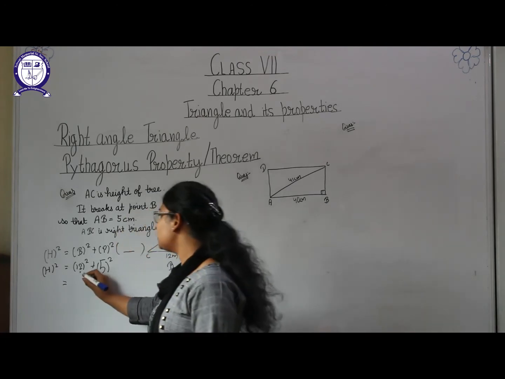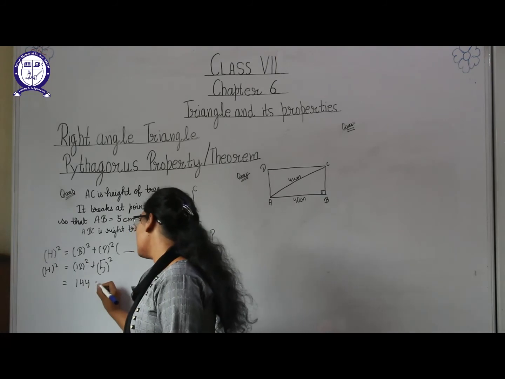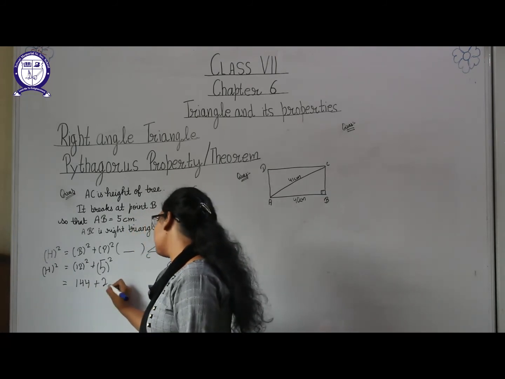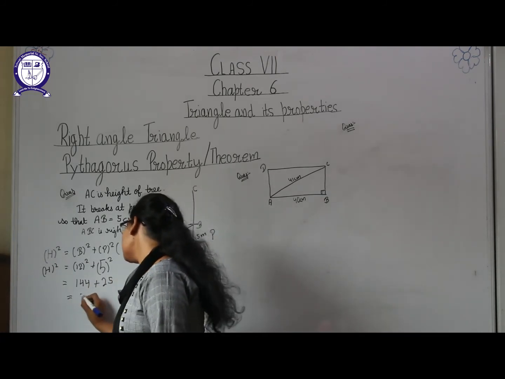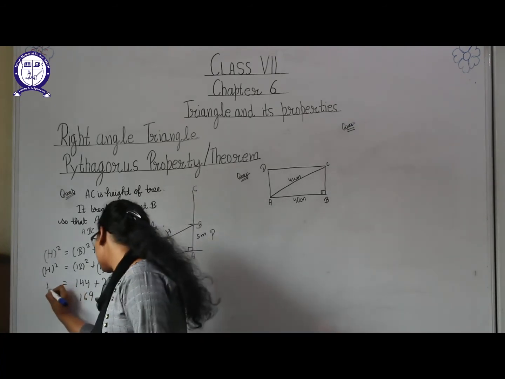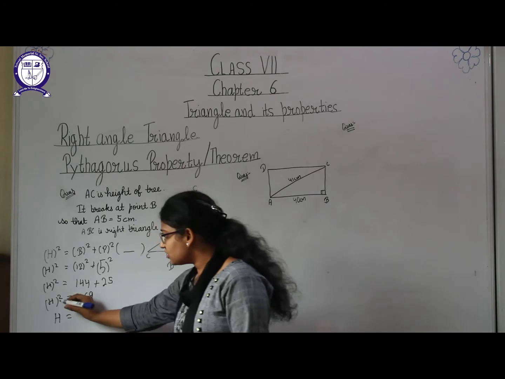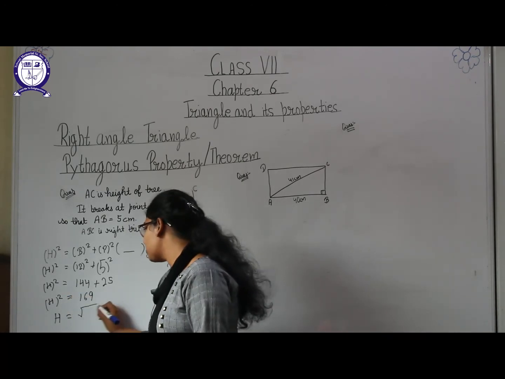So if we do the square of 12, what are we getting? We are getting 144, and square of 5 is 25. So we get 169 by adding both of these. So hypotenuse square is 169. Now what will be the hypotenuse? It is square here, so it will be the square root.